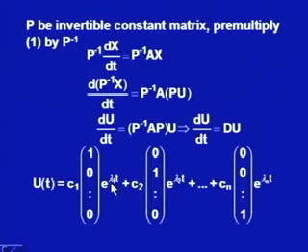What is lambda1? Lambda1 is the first diagonal element in the matrix D. Then we add the second term here, C2 an arbitrary constant, multiplied by this column vector where the second entry is 1 and the rest are 0, and this will be multiplied by e^(lambda2 t), lambda2 being the second diagonal element in the matrix D, and so on.